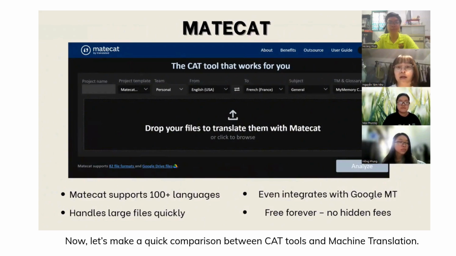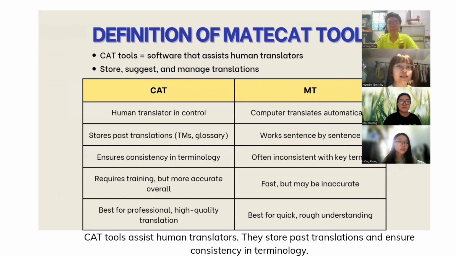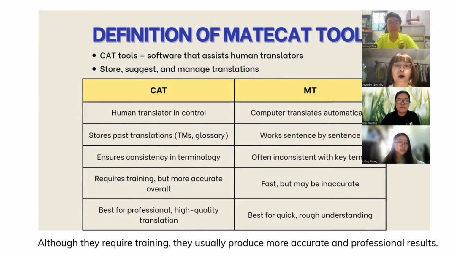Now let's make a quick comparison between CAT tools and machine translation. CAT tools assist human translators. They store past translations and ensure consistency in terminology. Although they require training, they usually produce more accurate and professional results.